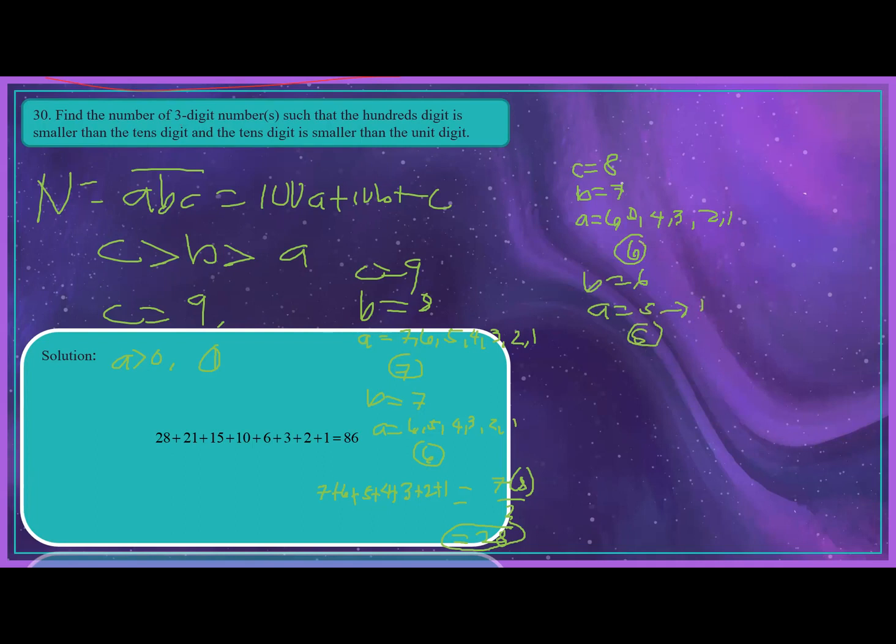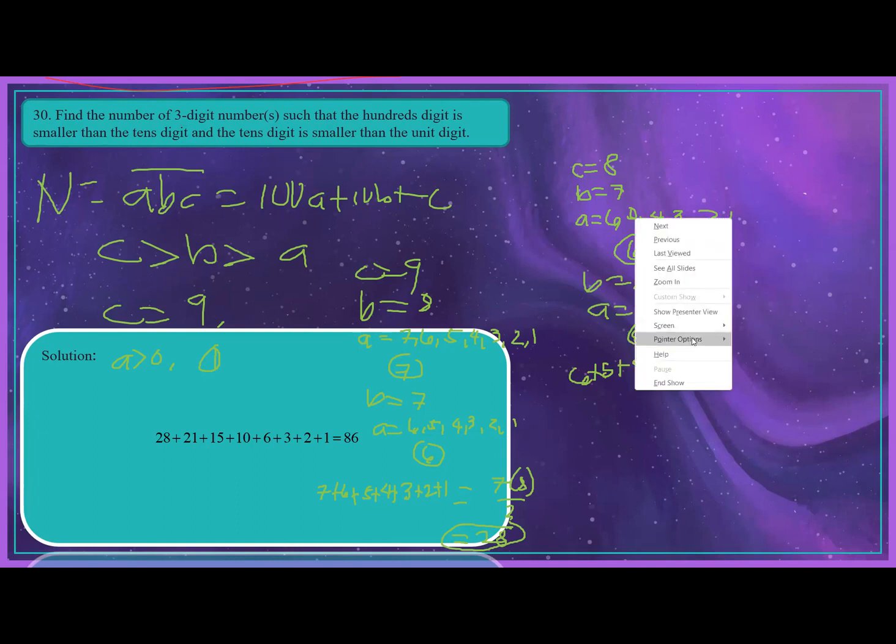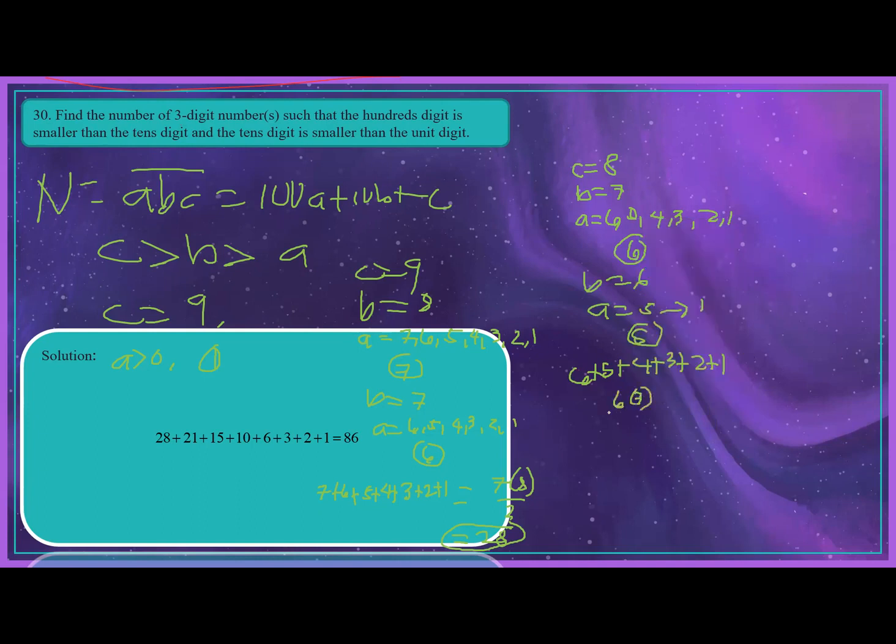So in total, when C equals 8, this should be 6 plus 5 plus 4 plus 3 plus 2 plus 1. So this is 6 times 7 over 2, which is 21.